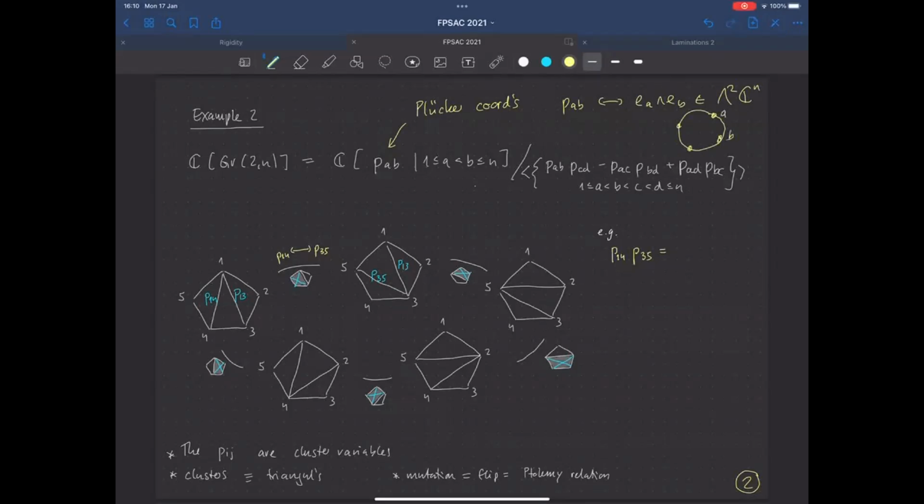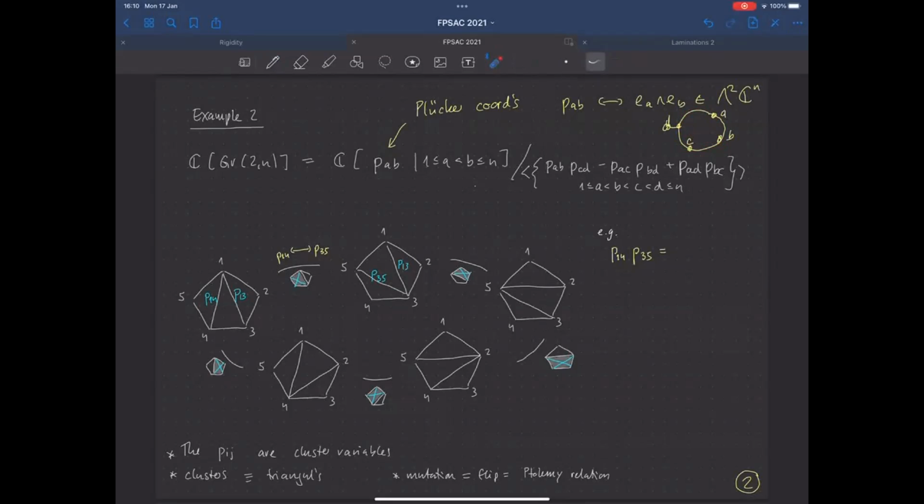Let's say A, B, C, and D. So the product of those two plus the product of these two is the same as the product of the ones diagonally across. So that's the classical coordinate ring of the Grassmannian.